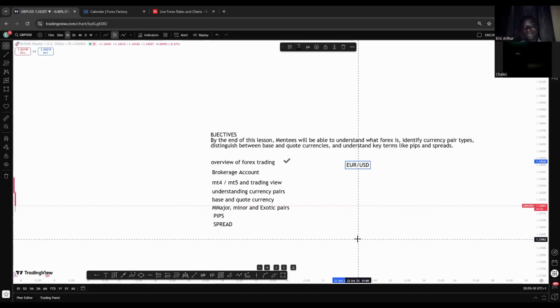Okay. The market works like buyers and sellers. For every buyer, there must be a seller. You get it? For you to buy euro, there must be an exchange, someone who is willing to sell it to you.